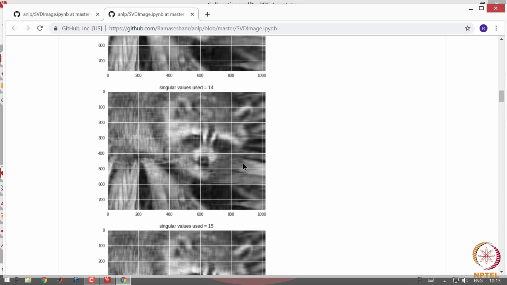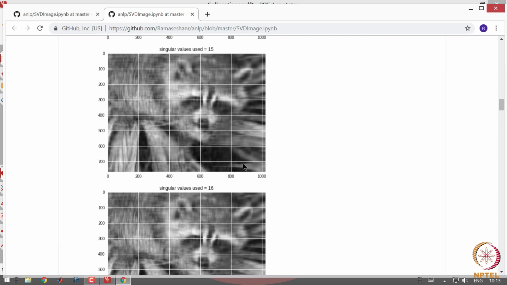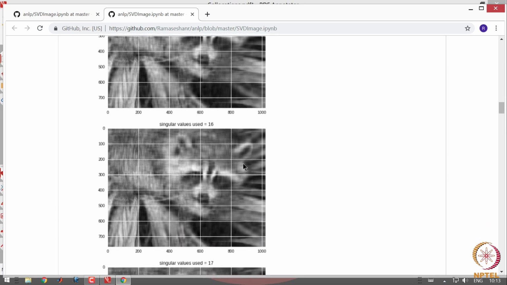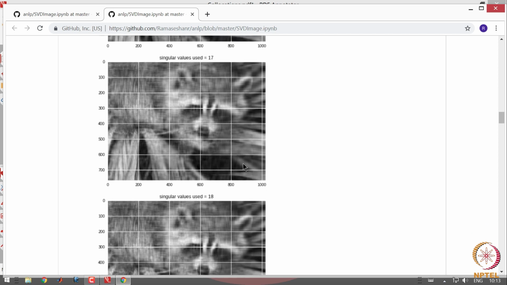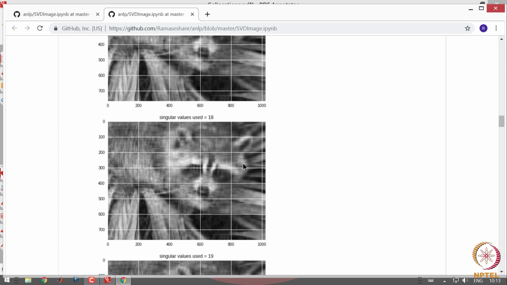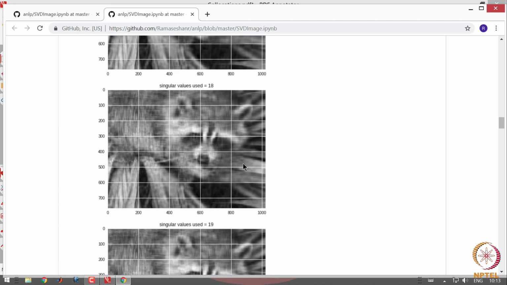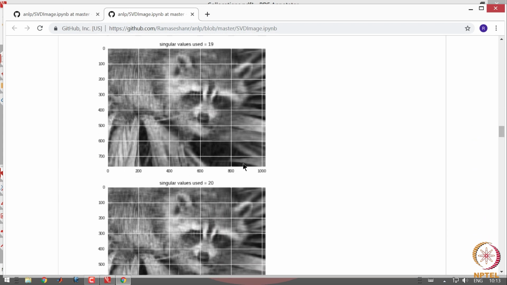Okay. So, I will move slowly, so you can appreciate the change that is happening. See, the ears have come out, the eyes are now coming out a little more clearly than before, the nose has come out well. Okay.